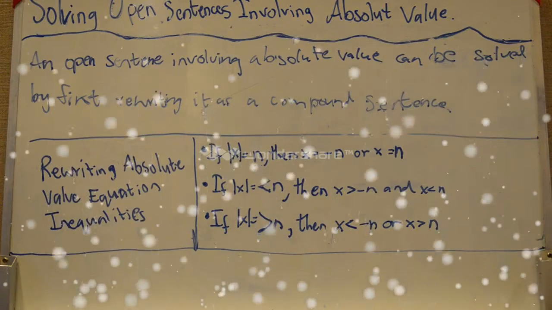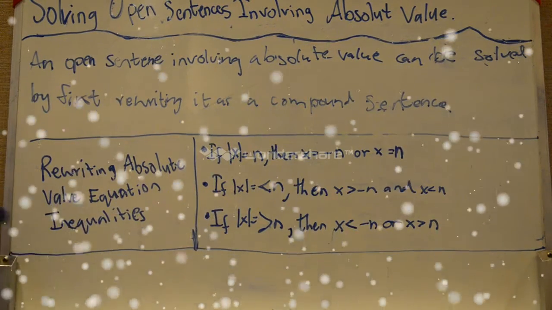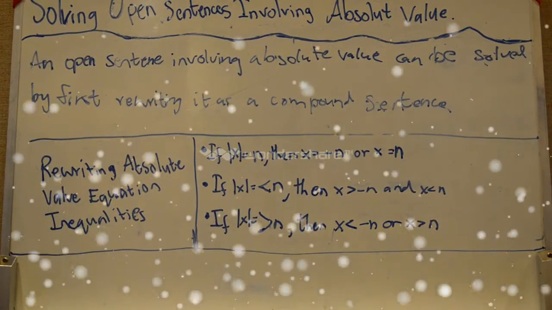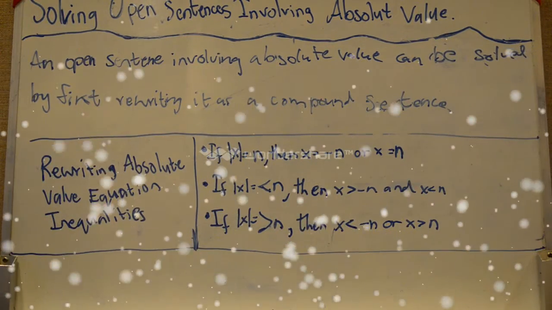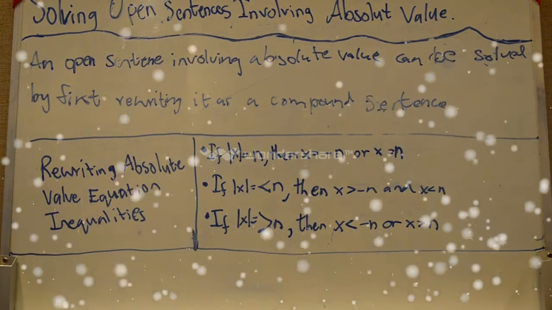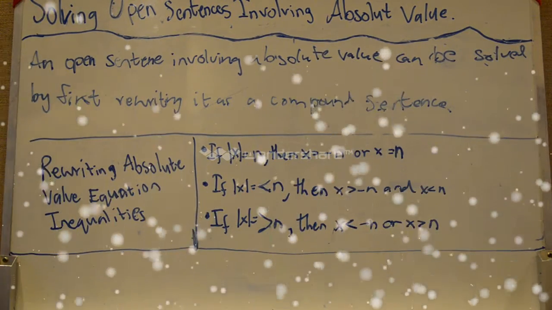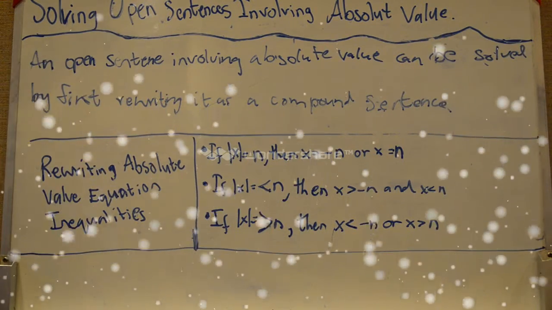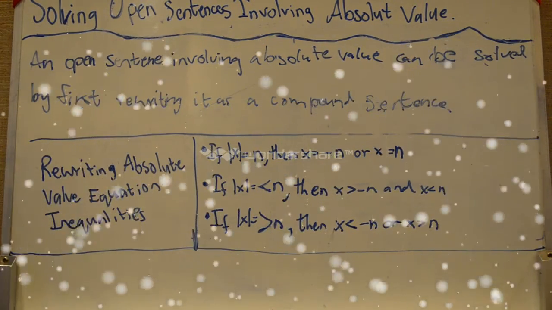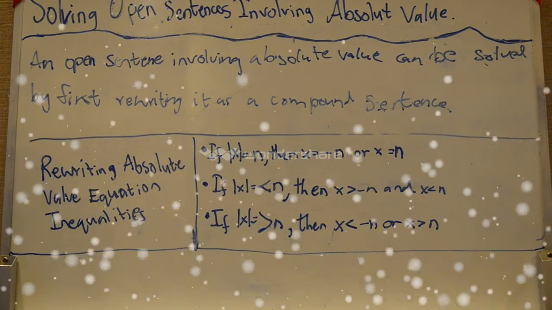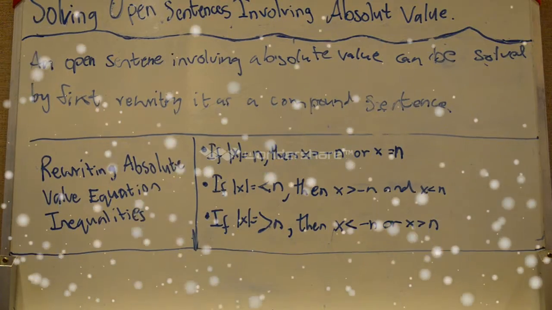Rewriting absolute value equation in inequalities. If the absolute value of x is equal to n, then x is equal to negative n or x is equal to n. If the absolute value of x is less than n, then x is greater than negative n and x is less than n.